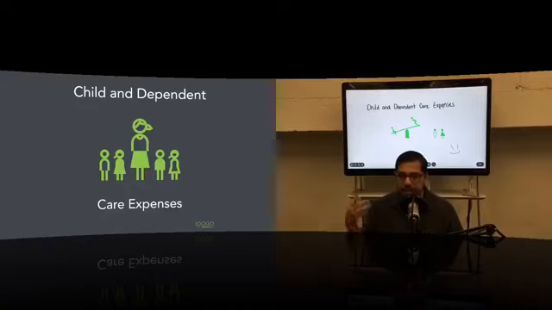The first thing you need to know about the dependent care credit is that it's a non-refundable credit. If you've been following my series, then you know that there are refundable credits and non-refundable credits. And as you know, it's self-explanatory: non-refundable means that you'll never get the cash. So how does that work?